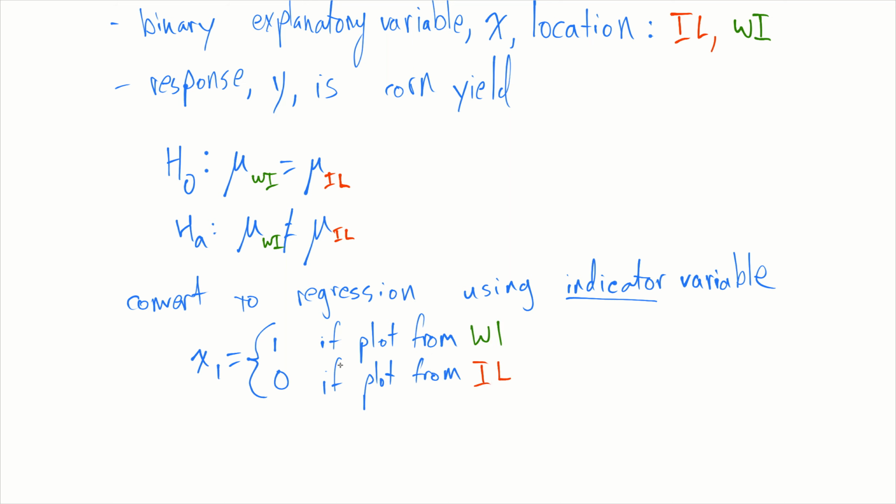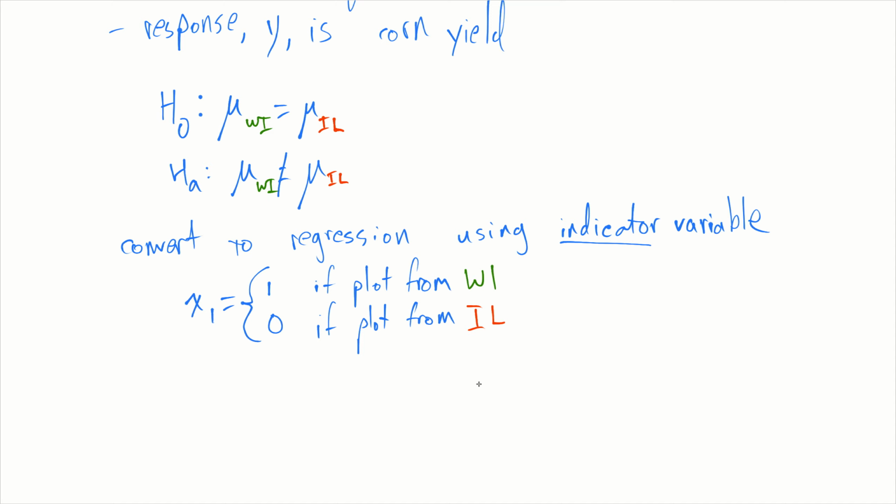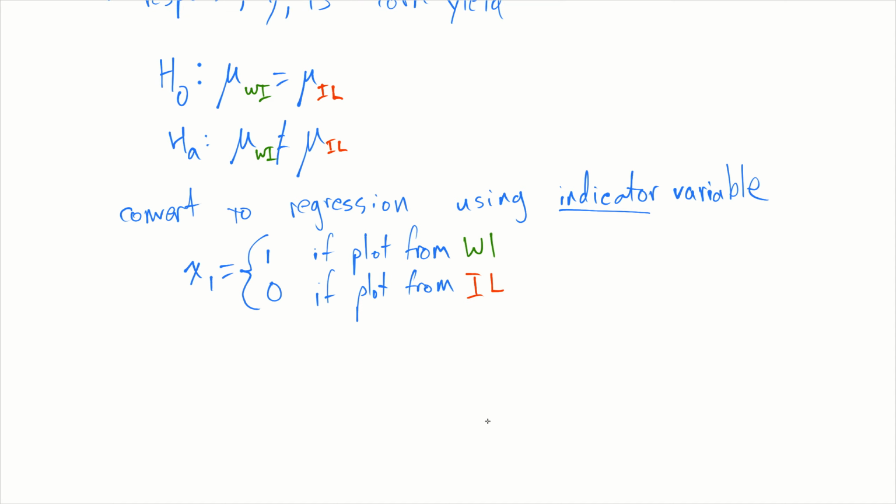Now, it's arbitrary which one is 1 and which one is 0, but I'll put Wisconsin as a 1 because everybody knows it's better than Illinois. And my heart really wasn't in that joke. Anyway, the point is that the indicator variable is arbitrary.